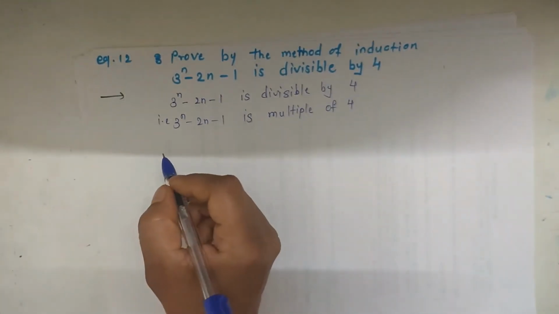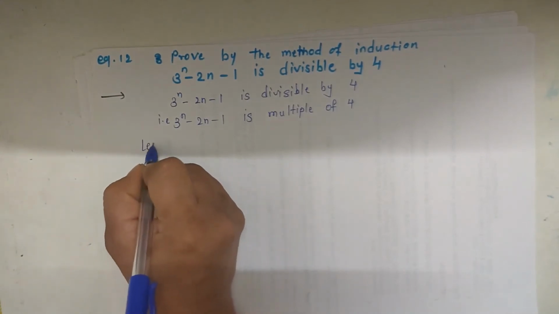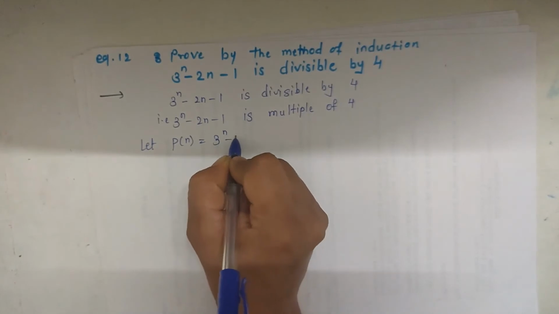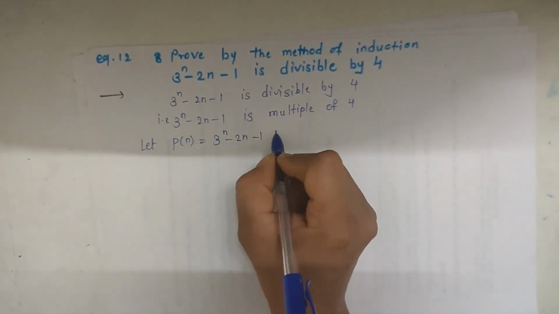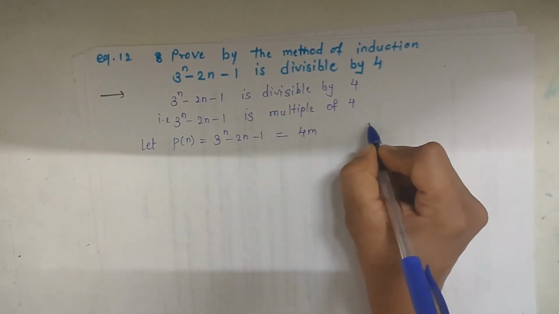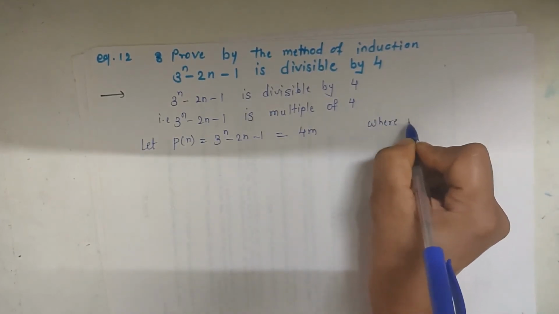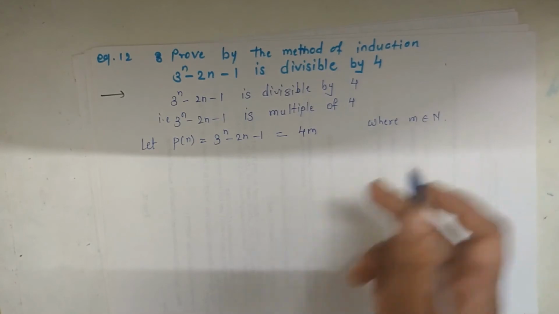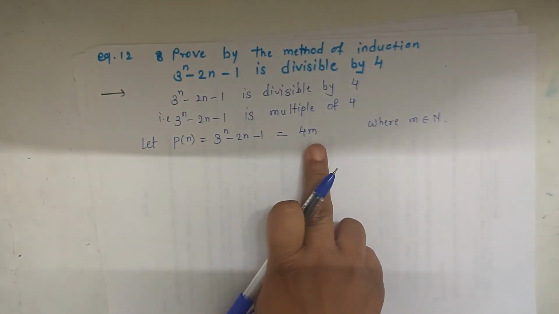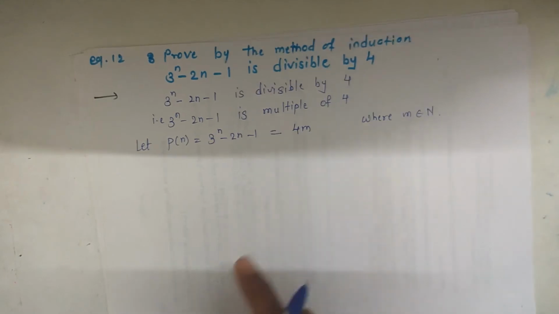So we can write the given statement P of n as 3 raised to n minus 2n minus 1 is equal to 4m, where m belongs to the natural numbers. Here the multiple of 4 is denoted by m.